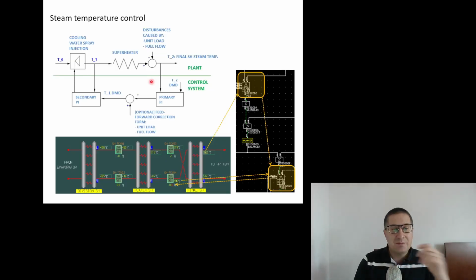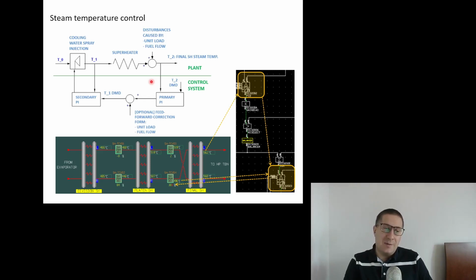Okay, and that's it for today. I hope that right now you know what the PID controller is, what the control loop is, what feed-forward control and cascade control are, what tracking is, what linearization is. Those are important things. And you know that those algorithms are executed in controllers, and controllers are part of the distributed control system or a set of PLCs, right?